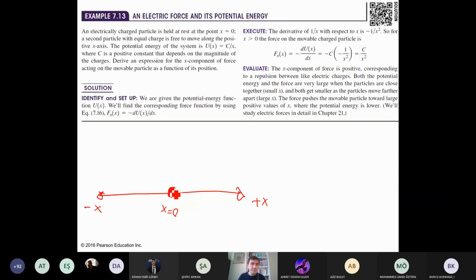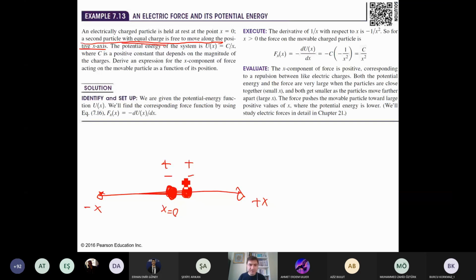And a second particle with equal charge is free to move along the positive x. Let's consider that here we have another particle which is identical with the same charge. So if it is negative, this one is also negative. If it is positive, this one is also positive, because it says with equal charge.